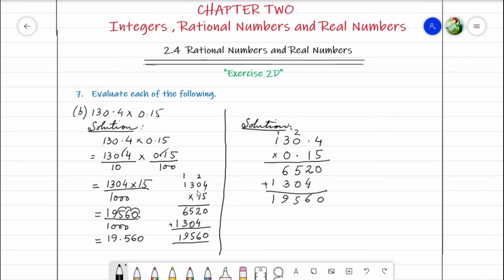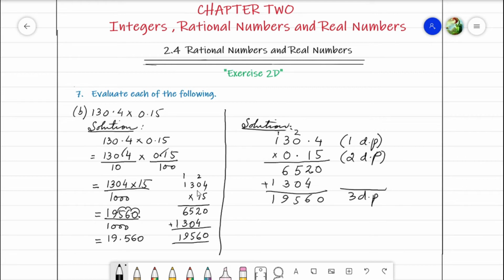How will we put the decimal in this answer? For this purpose, first of all, I will look at the first number, which is 130.4. There is only one decimal place, which means after the decimal there is only one digit, and here there are two decimal places. So in the answer there will be three decimal places.